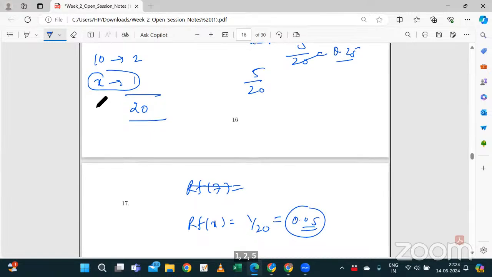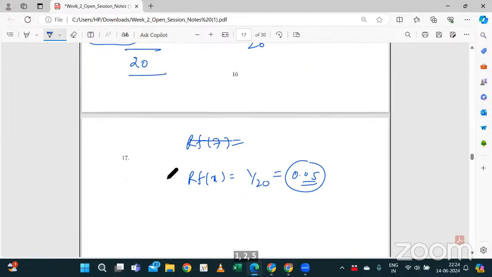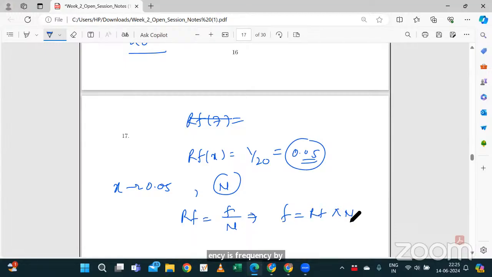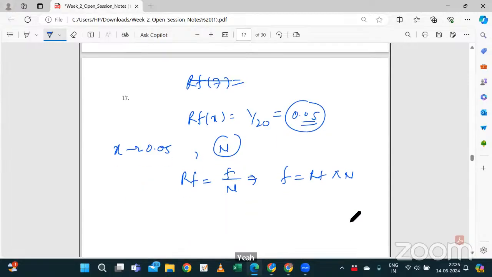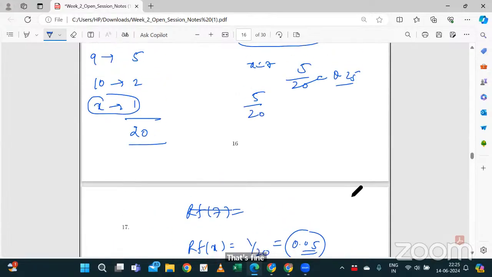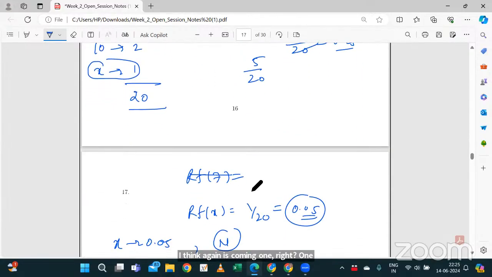So we know the relative frequency for X is 0.05, and we know total is n. If relative frequency is frequency by n, can I say frequency is equal to relative frequency into n? Obviously. So 20 into 0.05 will be how much? I think again it's coming 1, right?